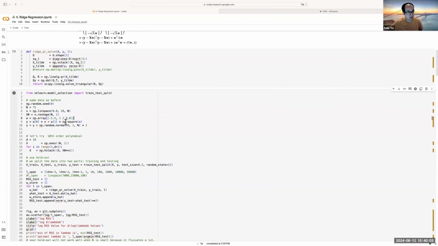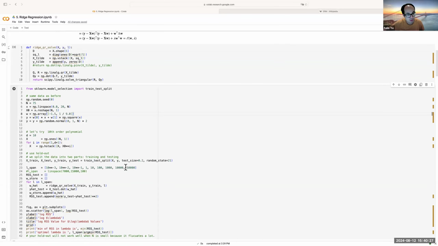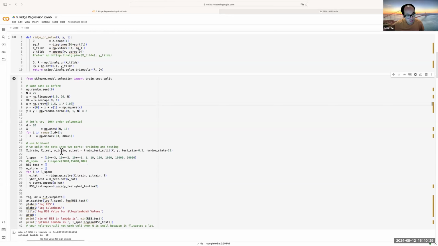Everything else is the same right here. We create the data here. We just try the 10th order polynomial. As a starting point, we know if d equals 10, it's obviously in the region of overfitting. We are using the strategy of holding out, which means we split our data into training and testing.